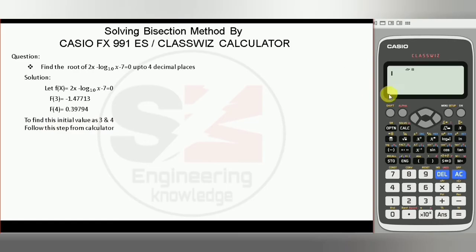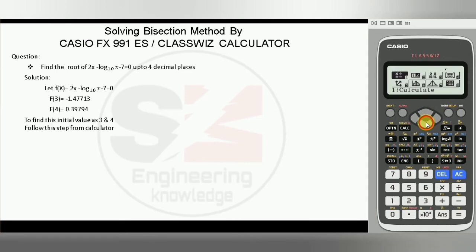from this calculator. So follow this step from the calculator. To find the initial value 3 and 4 of this equation, we have to follow this step. At first, we have to click on this mode. After this, we have to select this 9 option, that is the table. Then we have to type this equation in this calculator.